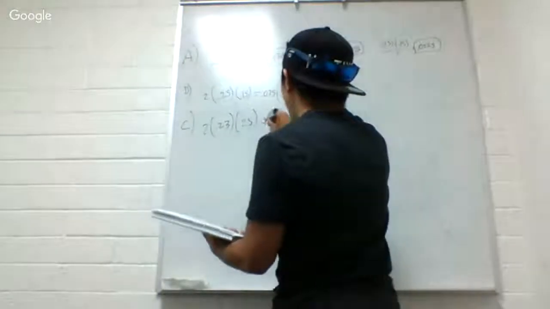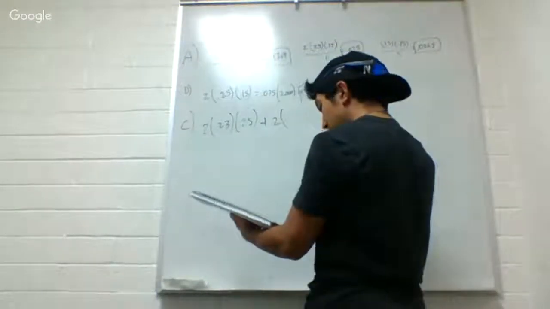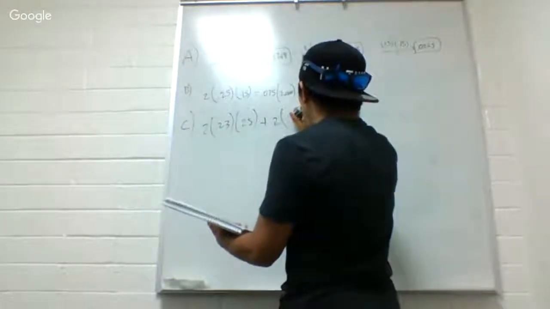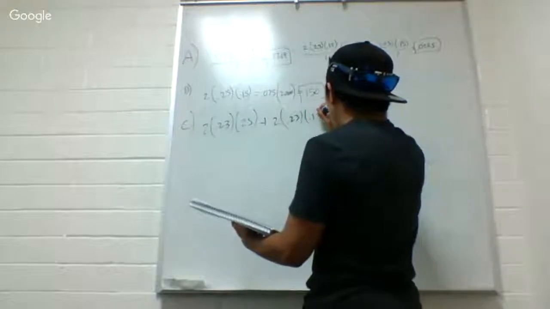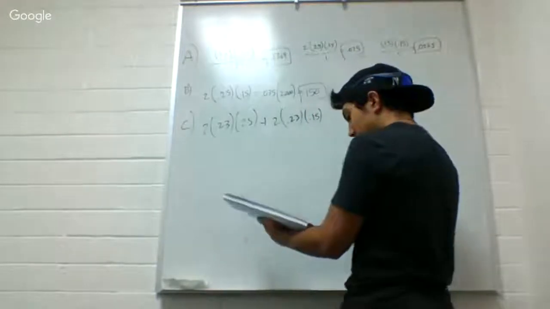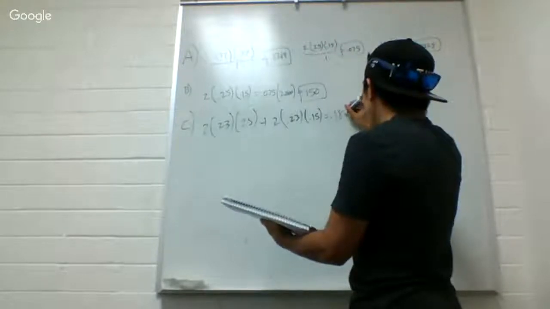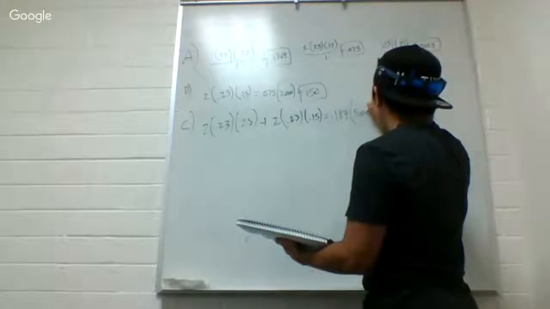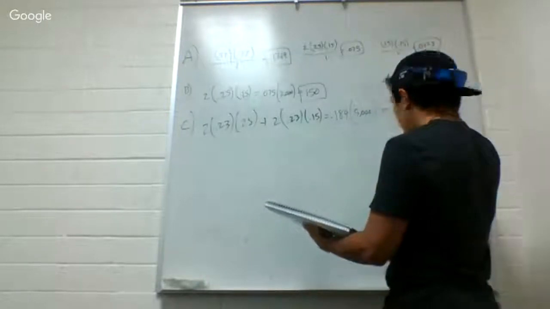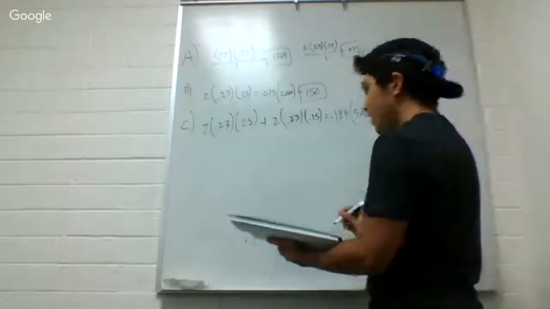Then we're going to add that to 2 times the second one, which is 0.23 again, times 0.15, the frequency for the albino gene, which will give us 0.184. Then we multiply that by the population, which is 5,000, which would give us a total of 920.